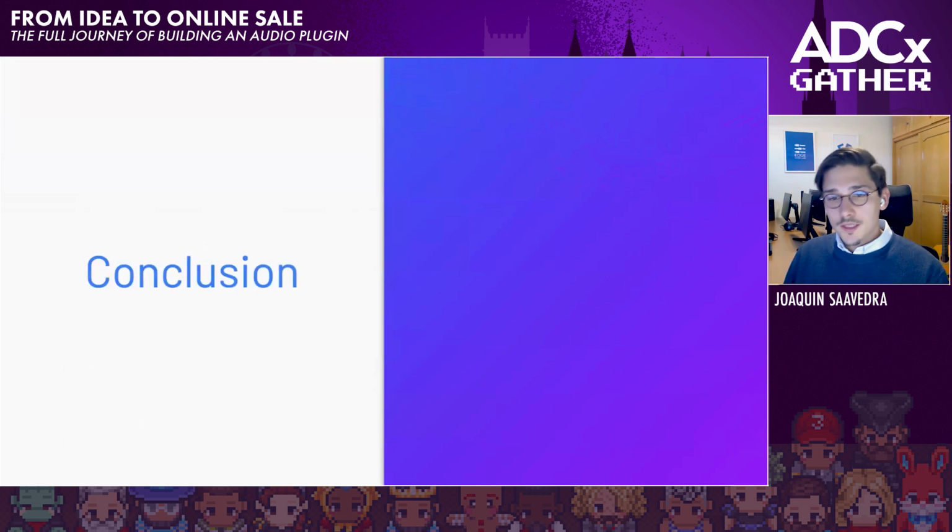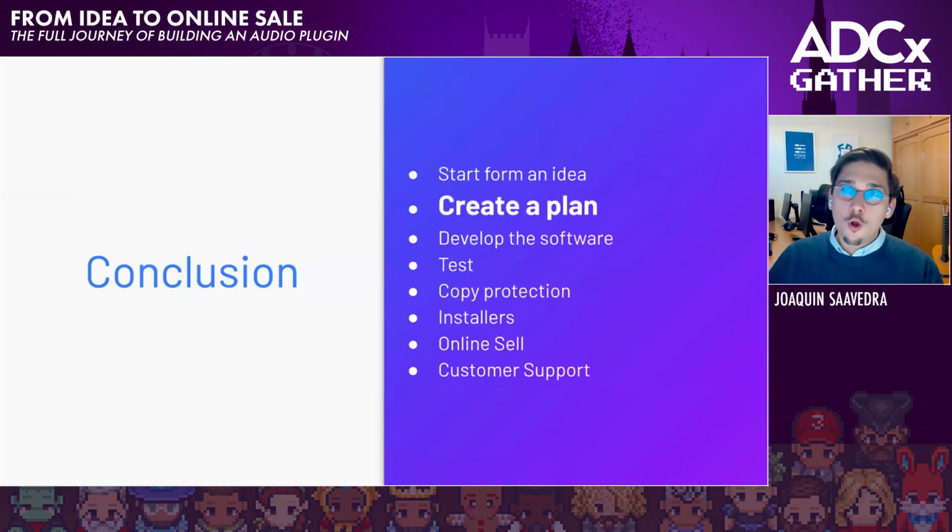So here, my conclusion that I want to give you is to try to think all over this. I tried to just bring up questions and show you the entire path from the idea to what it actually takes to build a business and a plugin around an audio plugin.